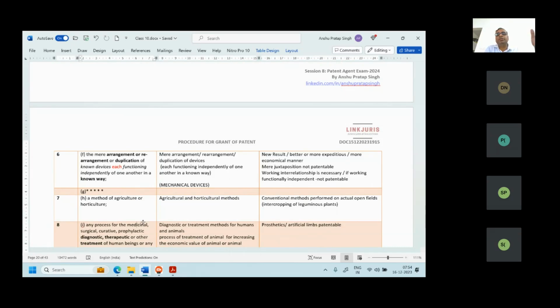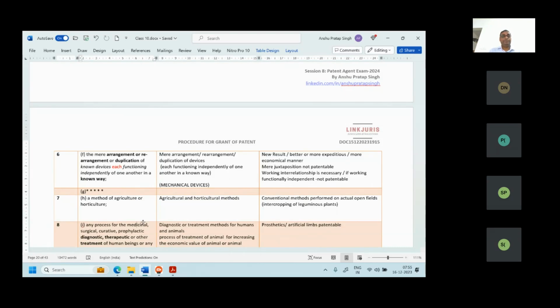This is a conventional method; in open fields, we do that. You cannot get it patented. Similarly, this is a method of agriculture in which, with fertilizer, the productivity will increase. Those kinds of agriculture and horticulture methods are not patentable.